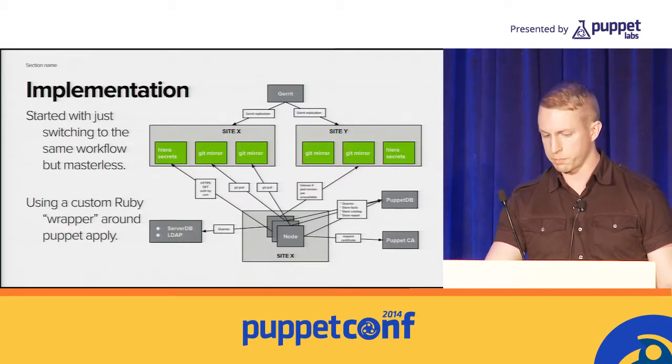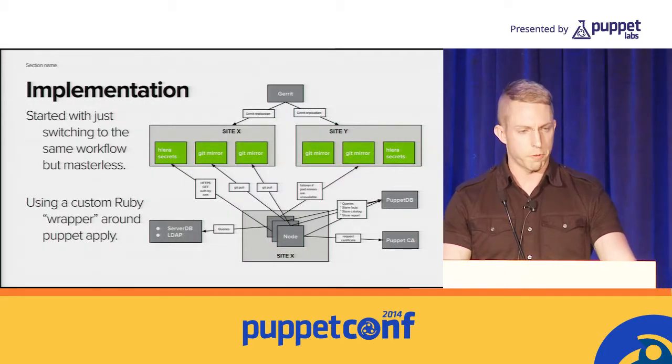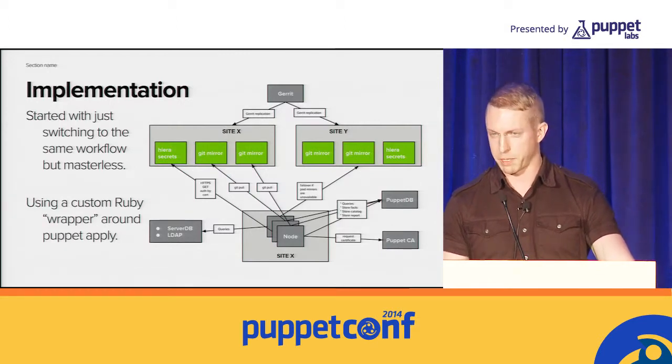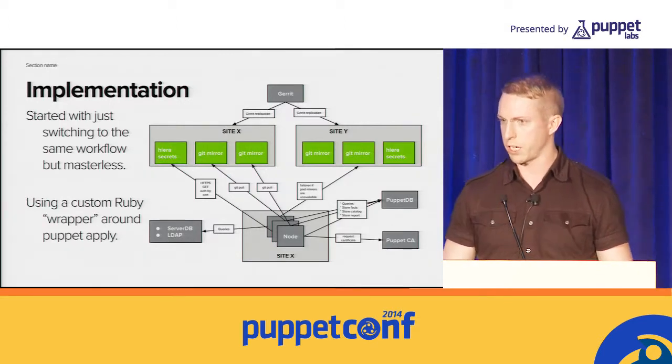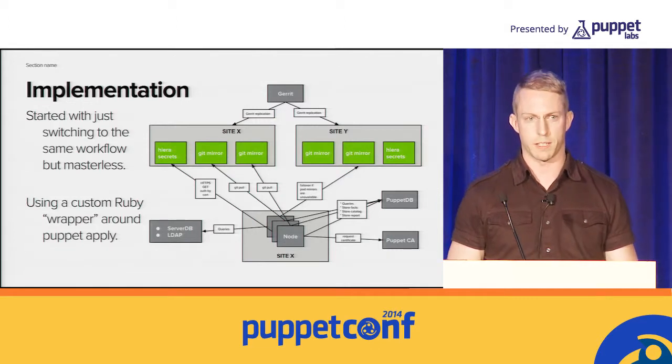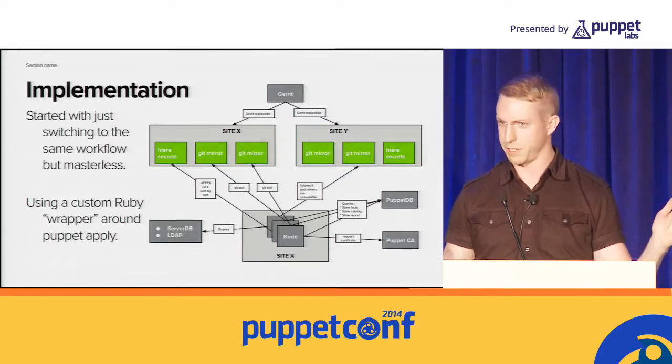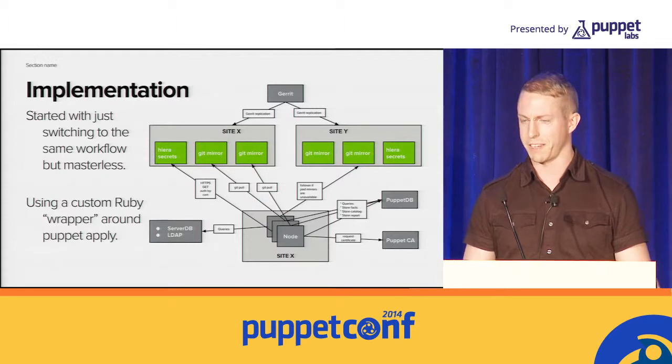And then we have a custom Ruby wrapper around Puppet Apply. So we used to have a shell script called SPPuppet, SP for Spotify. Most internal utilities have that sort of naming standard.